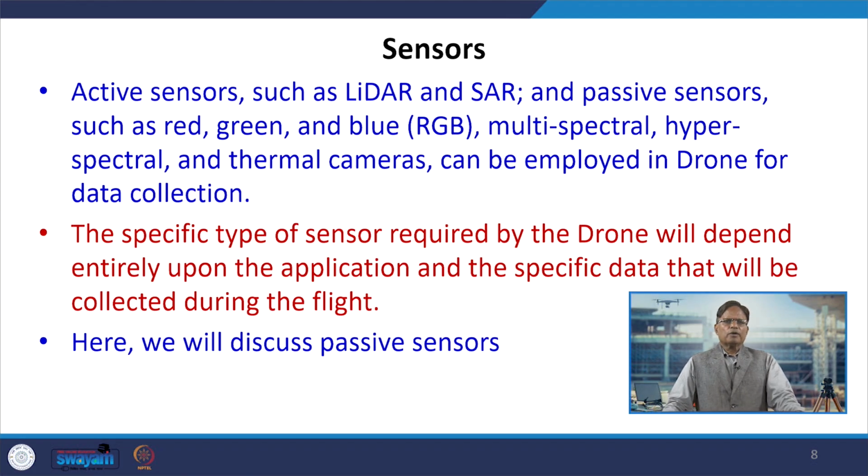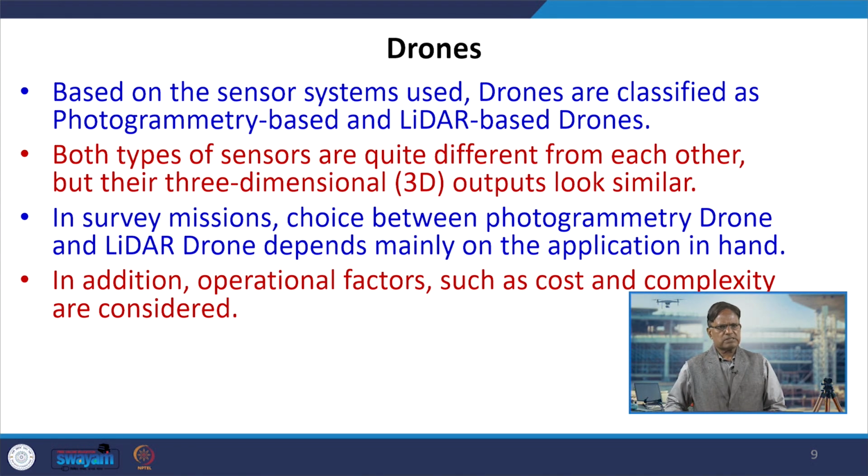Now, the specific type of passive sensor which will be required by the drone will entirely depend upon the application in hand and the data which we are going to collect during the flight. So in this lecture we will discuss the passive sensors.